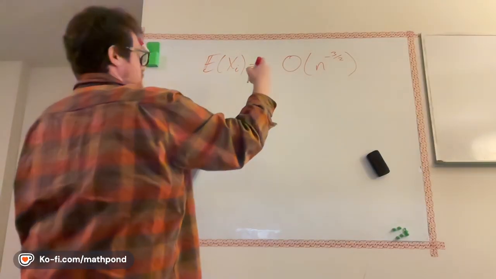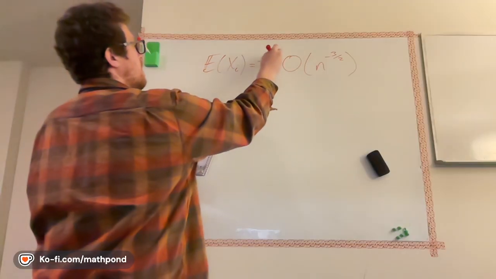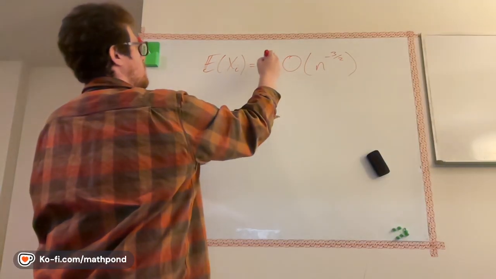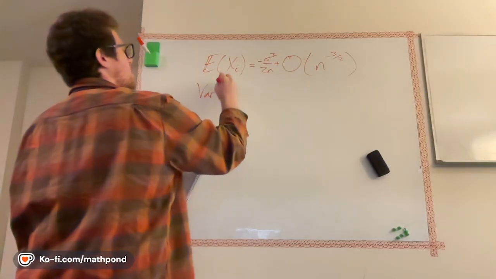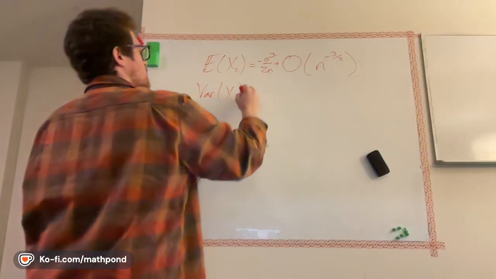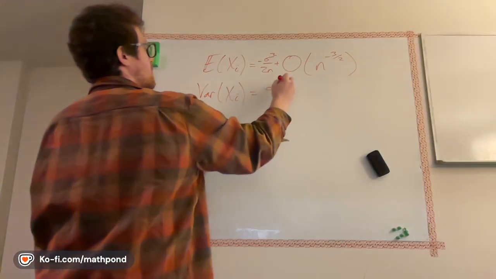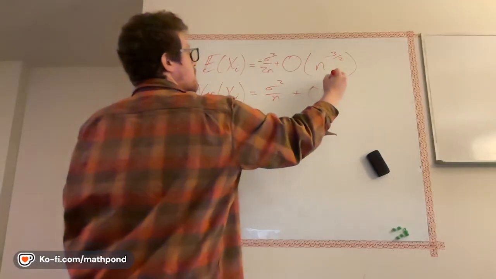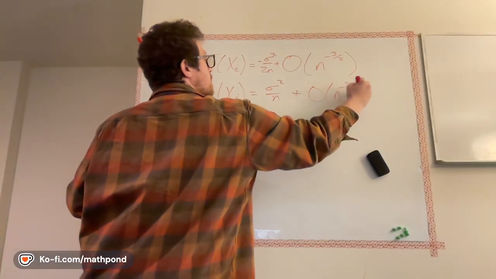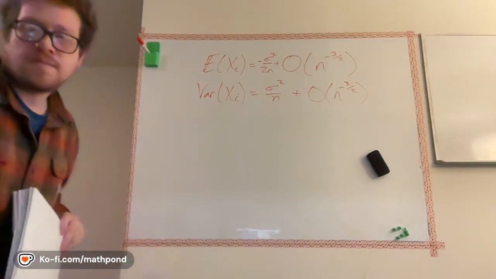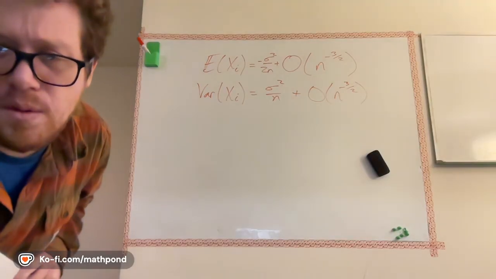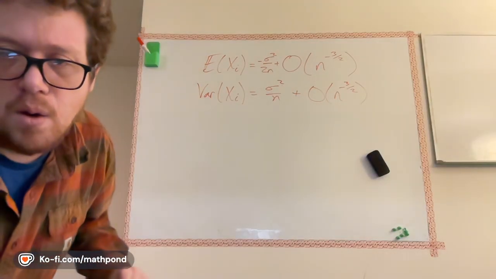Negative sigma squared over 2n plus that, and the variance was sigma squared over n plus O of n to the negative 3 halves. I mean the part with the 1/2.